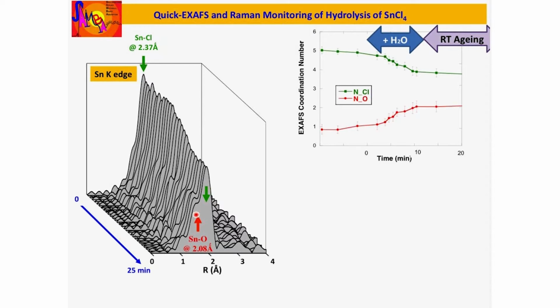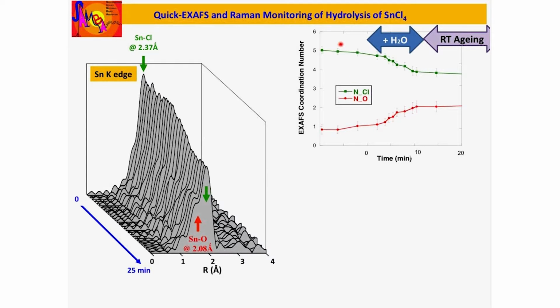The shoulder here, marked by the red arrow, is related to the oxygen atoms in the first coordination shell around tin. So it is quite obvious that during the addition of water, we have a decrease of the contribution related to the chlorine ligands and a small increase of the contribution related to the oxygen atoms.